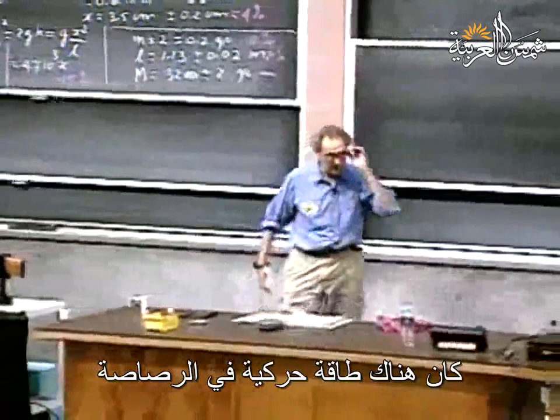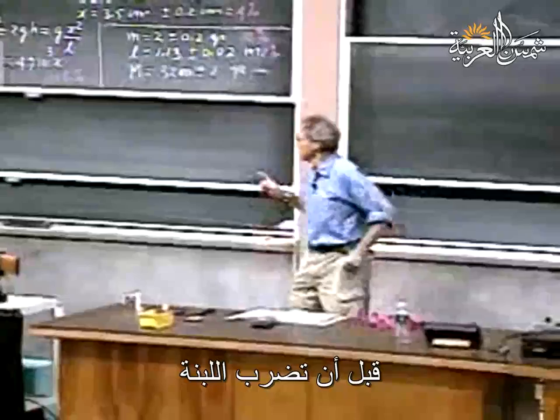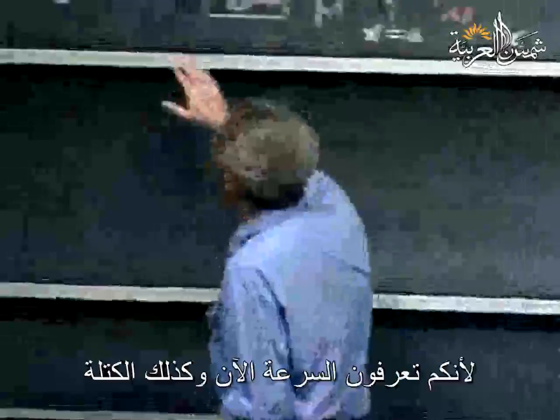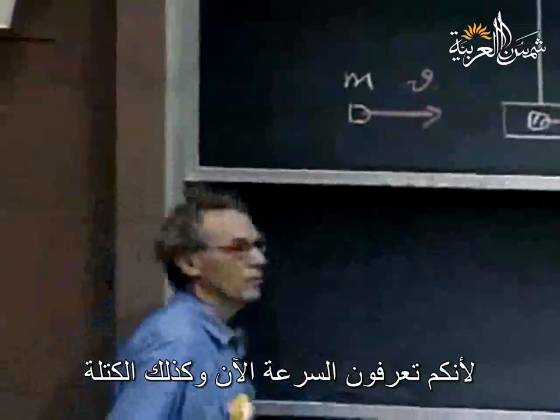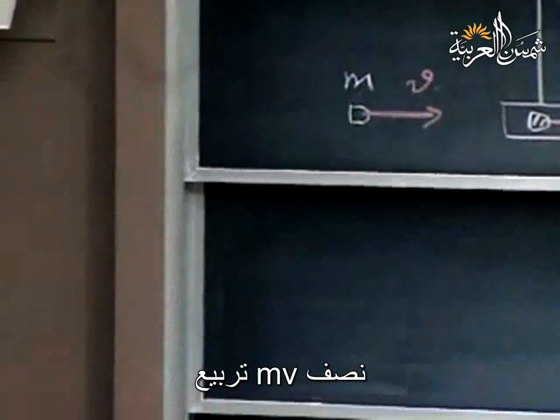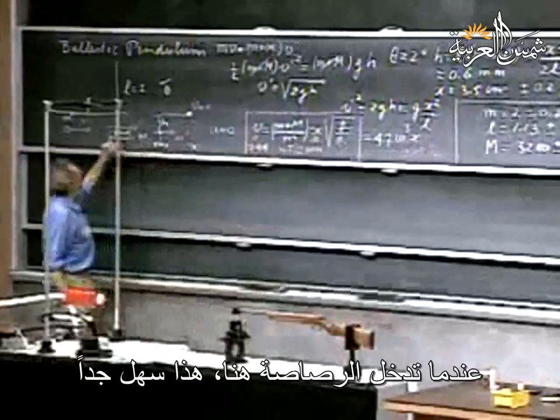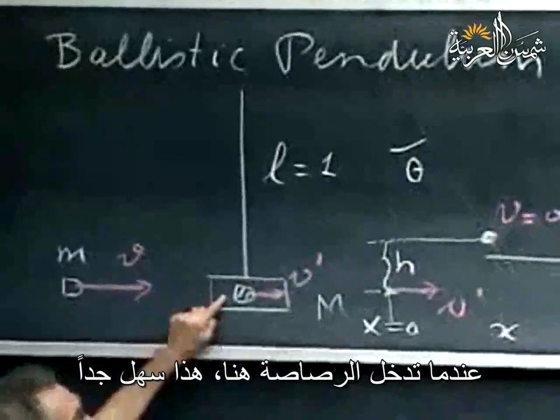We had kinetic energy in the bullet before the bullet hit the block, and you can calculate how much that is, because you know the speed now, and you know the mass, 1/2 mv squared. You can also calculate how much kinetic energy there is when this bullet is absorbed in here. That's very easy.